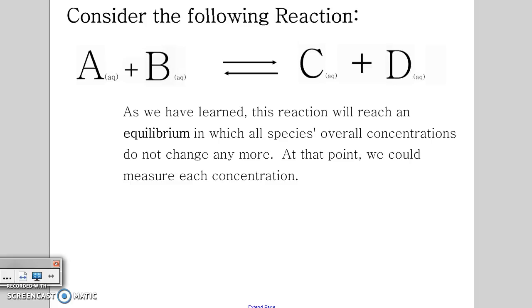As we have learned, this reversible reaction will reach an equilibrium in which the overall concentrations don't change anymore, and in that hypothetical scenario, we could then go through and determine the concentration for each of the four species.